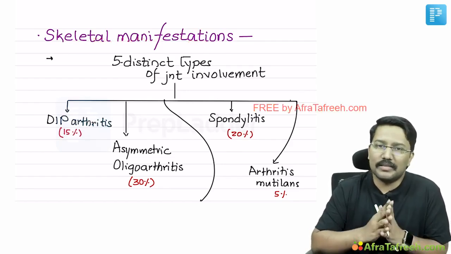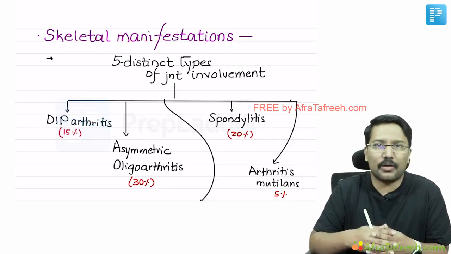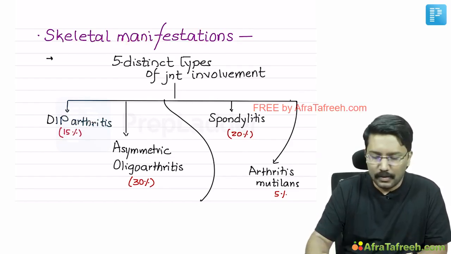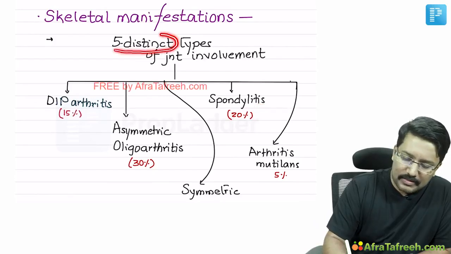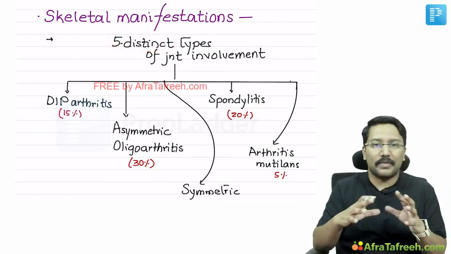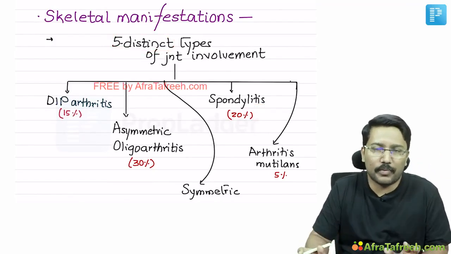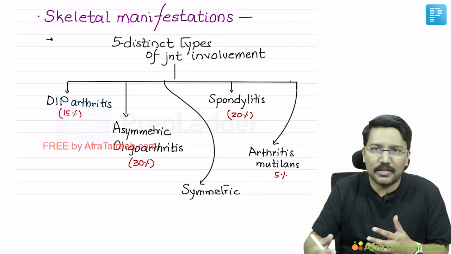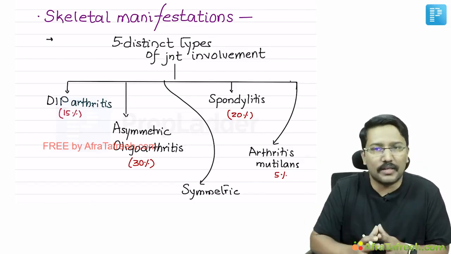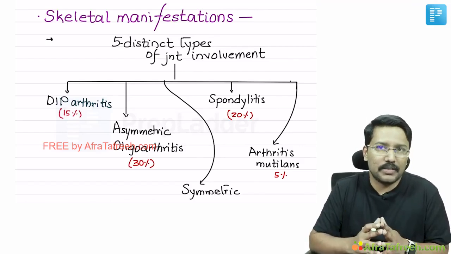We will begin with skeletal manifestation because obviously we are talking about arthritis, right? So in case of psoriasis, the skeletal manifestations can be discussed under 5 distinct types of joint involvement. Now, there would be significant overlap of these presentations, but books continue to describe these 5 distinct types. Okay, what are the 5 distinct types?